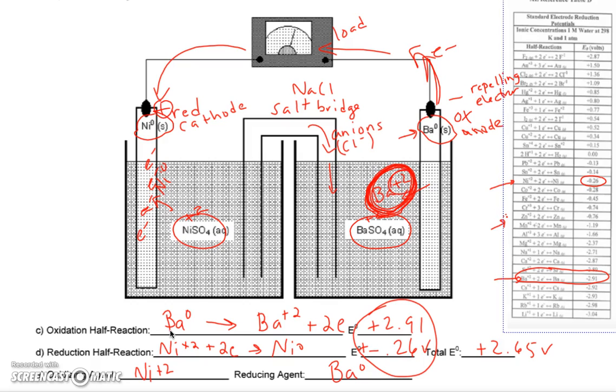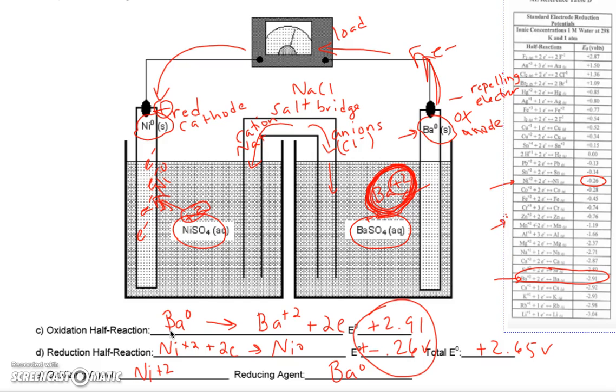And since this solution over here with the nickel is losing those positive ions, this solution over here is getting more and more negative. So the cations will flow in this direction to counteract that loss of positive charges. In this case, it would be the sodium ions that migrate in that direction. So the salt bridge, you can just think about it, it's the ion flow to balance the charge.